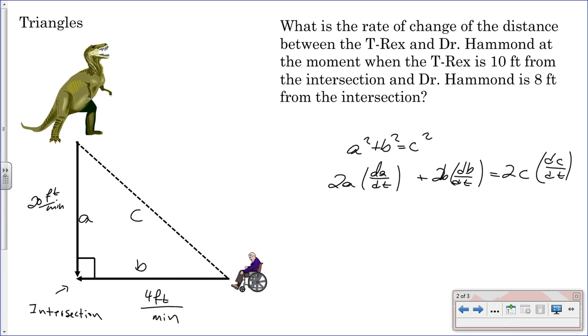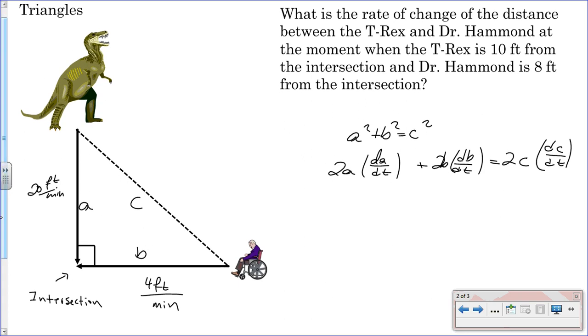It says what is the rate of change when the T-Rex is 10 feet? So A is the T-Rex, so it's going to be 2 times A, and A is 10. But if you notice, there's a 2 in each of these, so we can divide the whole thing by 2. So we just have 10 times the rate of change of the dinosaur, which is running at 20 feet a minute.